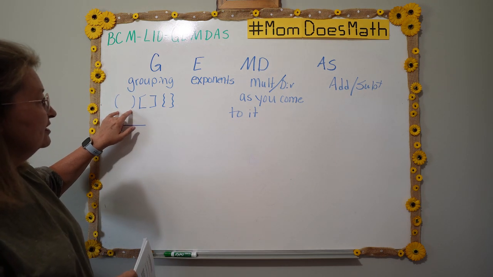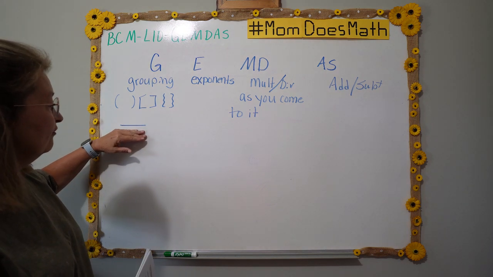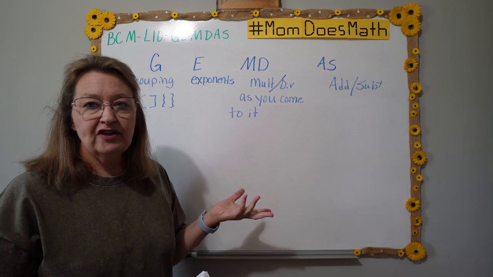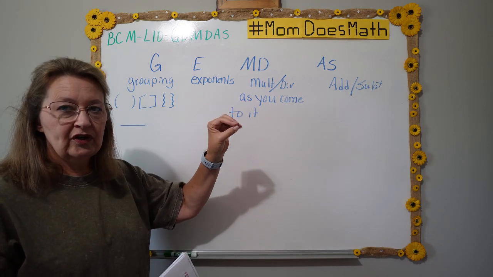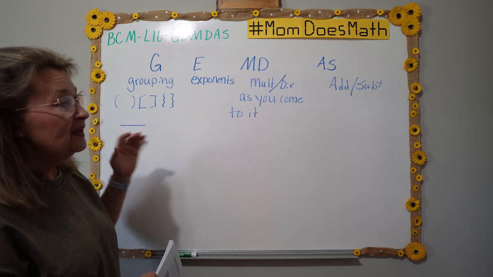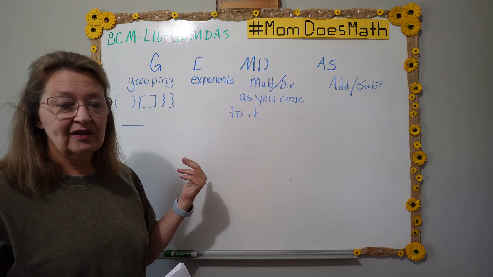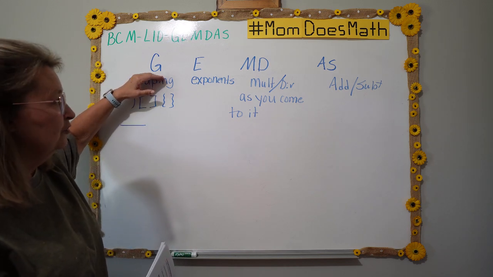You can have parentheses, brackets, braces, or a fraction bar. A fraction bar groups the stuff on top and the stuff on bottom, so you would do all the top and then all the bottom and then divide. So the parenthesis part was a little bit misleading. Now we're just going to call it GEMDAS, for grouping.